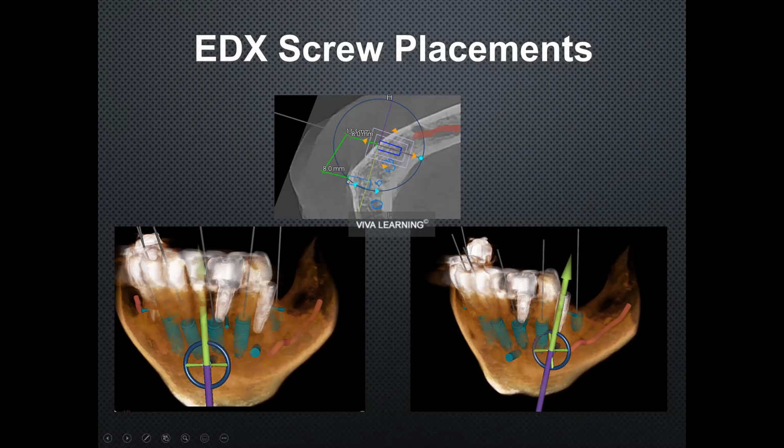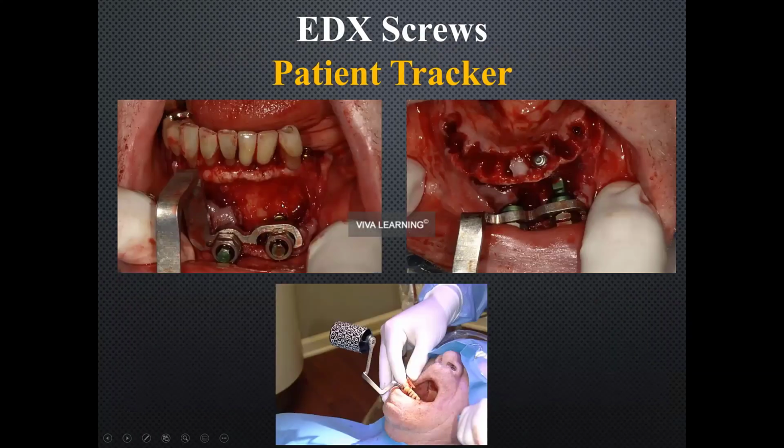And then this gives you a chance that you'll see your EDX screw, you'll place 1 screw, and then the other one you have 10 to 15, that's a 5mm slot to place the other screw. These guys are really robust, nice screws that will fixate the patient's jaw, and you can take your hand and just wiggle his jaw with the patient tracker.